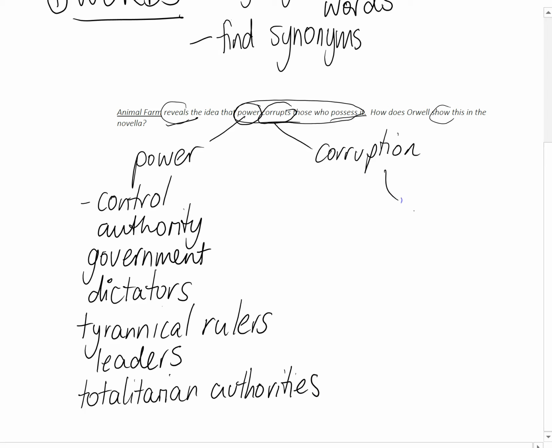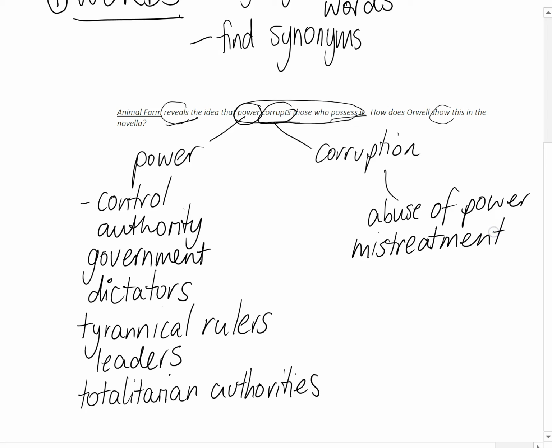And corruption. We might look at corruption, abuse of power. What other sorts of things might we have? We might have mistreatment. So one way we see corruption is in the mistreatment of other animals. We might look at greedy and selfish behavior.